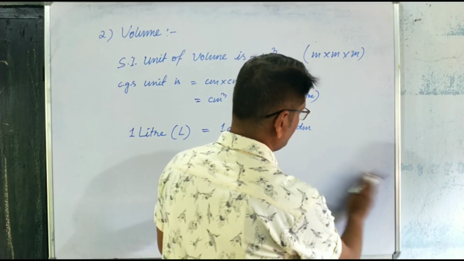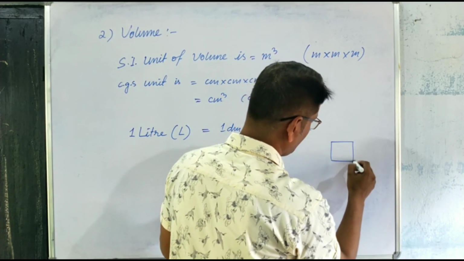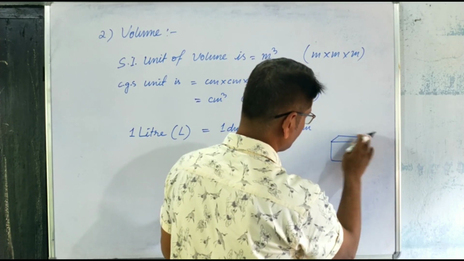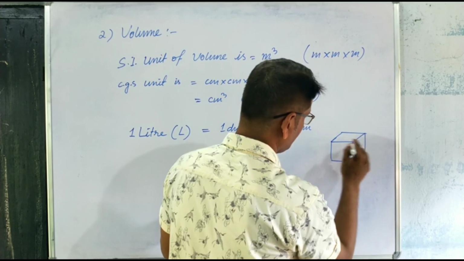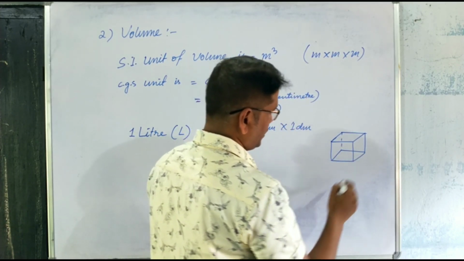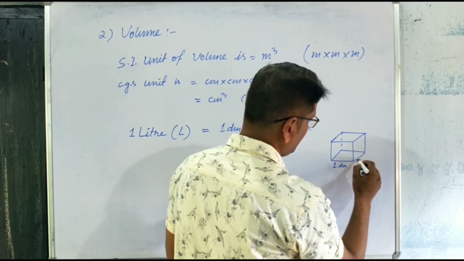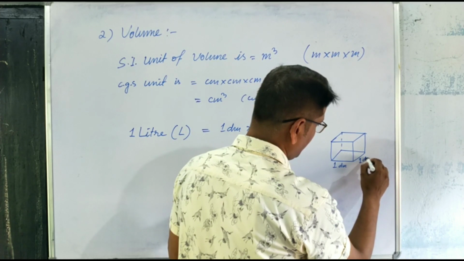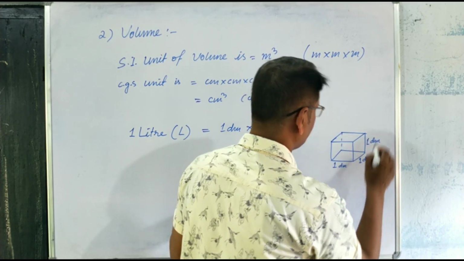That means if we have a small cubic box, this one, and the length of the box is 1 decimeter, breadth also 1 decimeter, and the height also 1 decimeter.